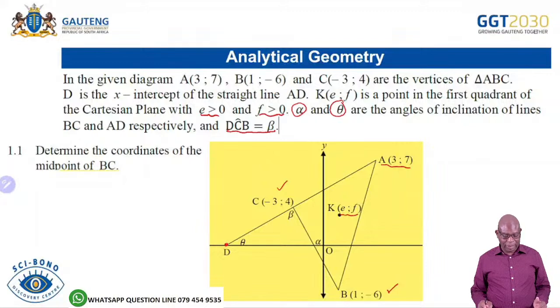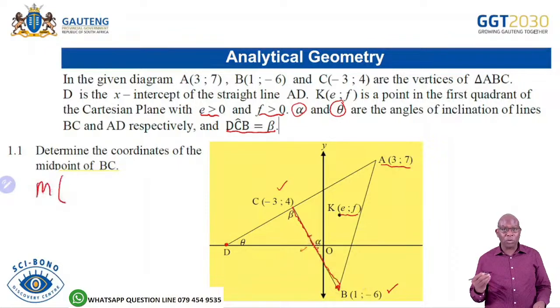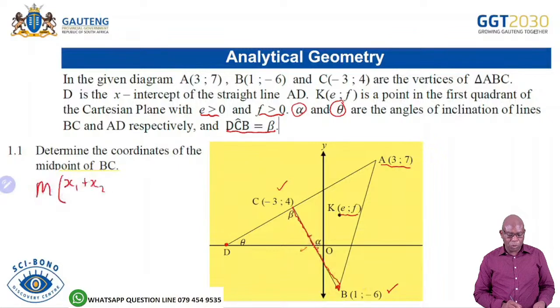So the first question says determine the coordinates of the midpoint of BC. So I go to BC. Here's my line BC. I need to find the midpoint. The midpoint will be somewhere there. So I'm using point B and point C. Remember the midpoint formula: it's (x1 plus x2) divided by 2. So you go to your formula sheet, you check the formula. So it will be x1 plus x2 divided by 2, and the y value will be y1 plus y2 divided by 2.